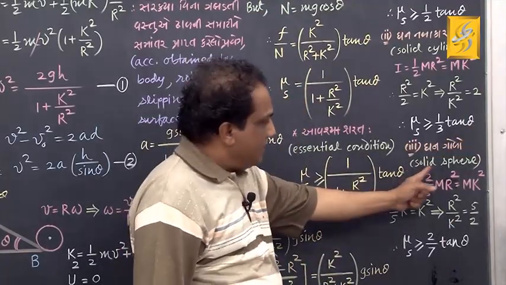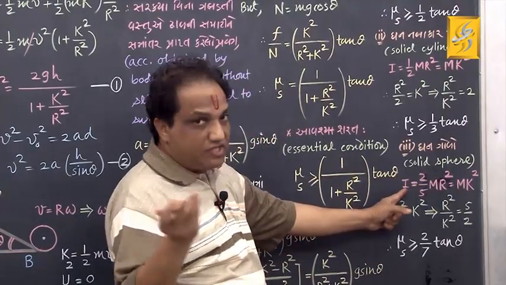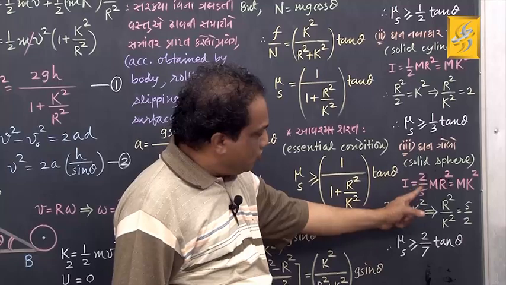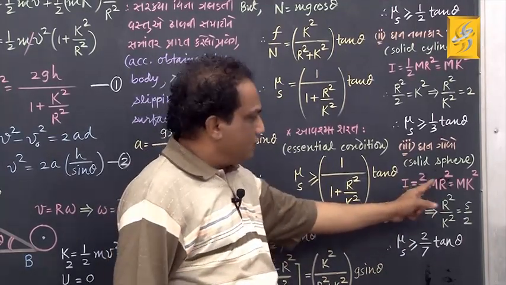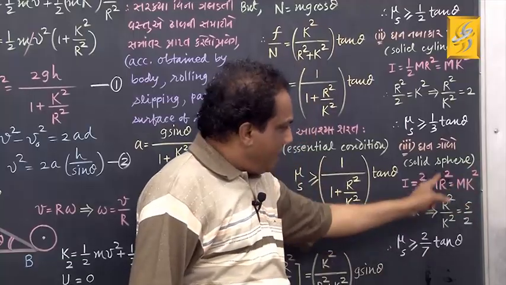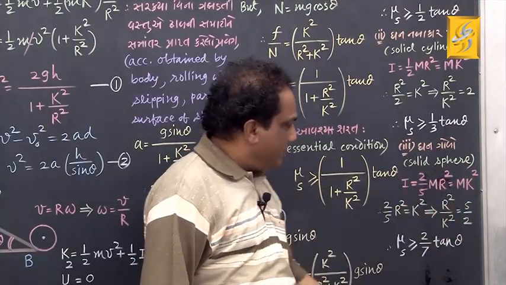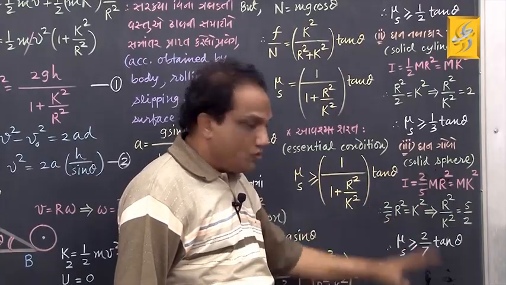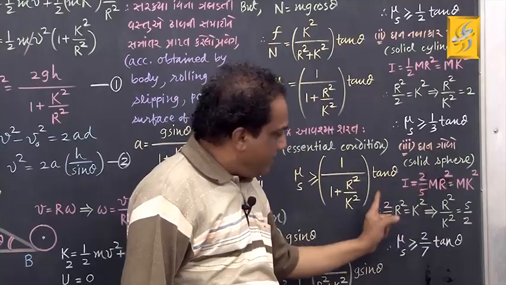Let us take now the last one, solid sphere. For a solid sphere, what is the moment of inertia formula? I equals 2 by 5 m r square. And for every body, I is also equal to m k square. M will cancel. 2 by 5 r square equals to k square. Find out r square upon k square, it will be 5 upon 2.